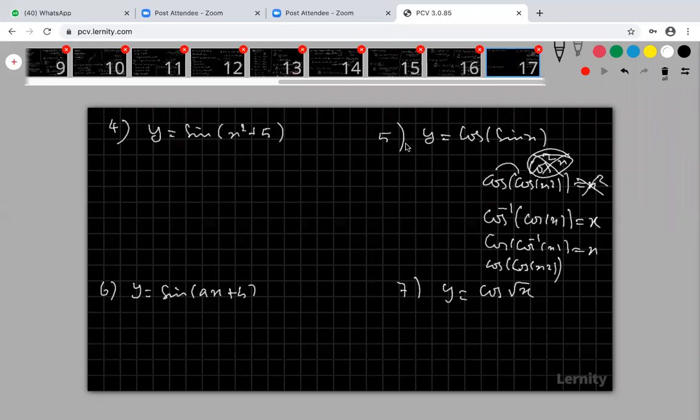What about the other problems? What about the fourth one, fifth one, sixth one?